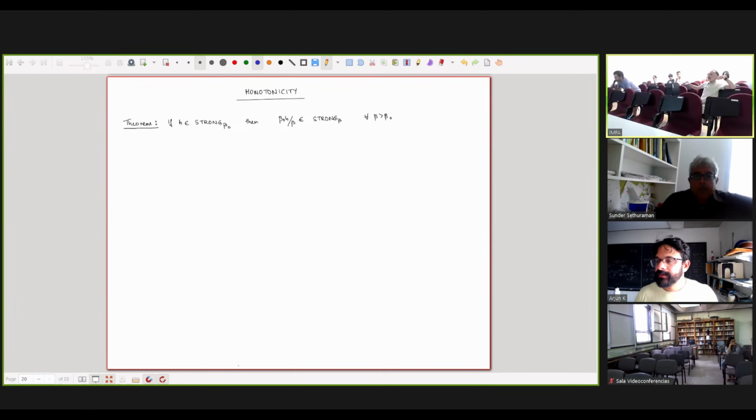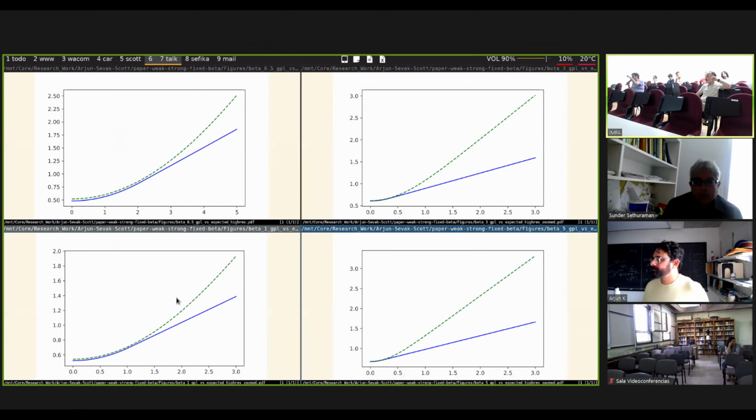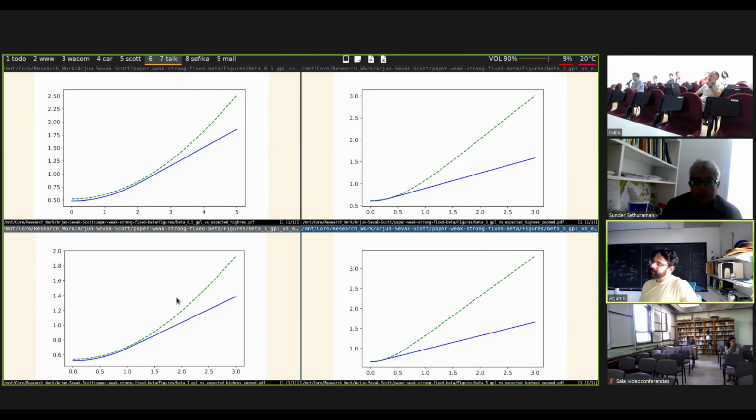Hey, so in these pictures that you showed, at this critical beta, the blue line looks like a straight line past the critical beta.